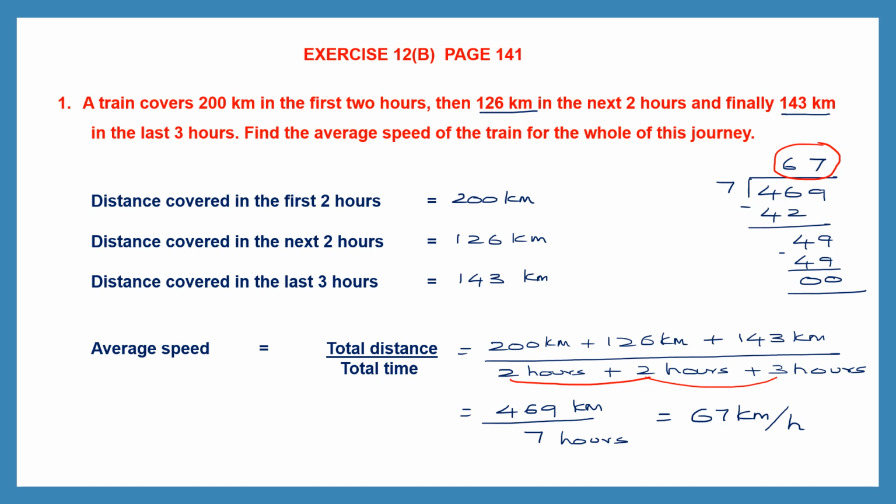So what have we found? We have found the average speed. The average speed is 67 kilometers per hour. So this is the speed at which the train is moving. Average speed is one number that tells us the around which the speed of the train lies.